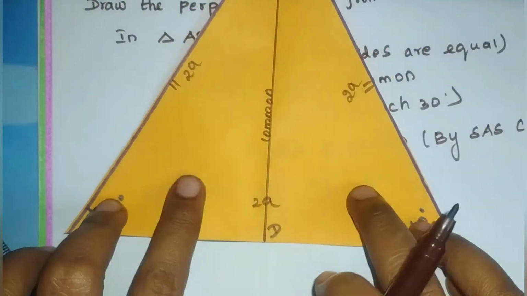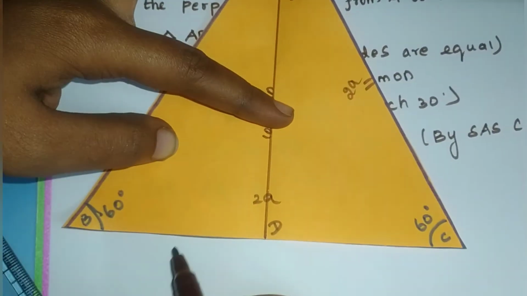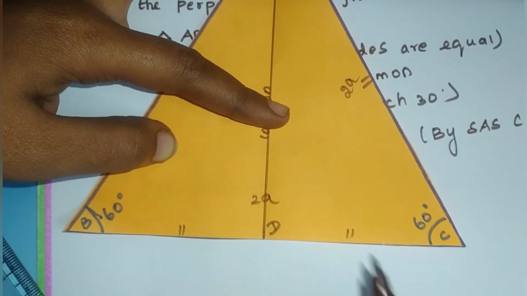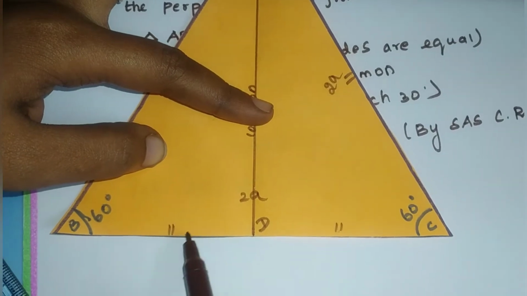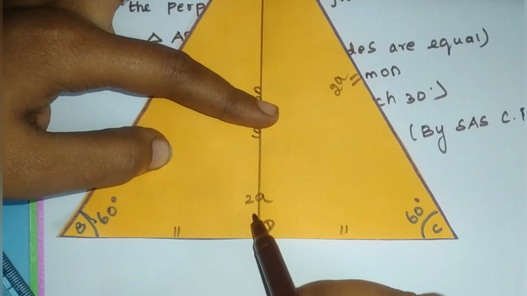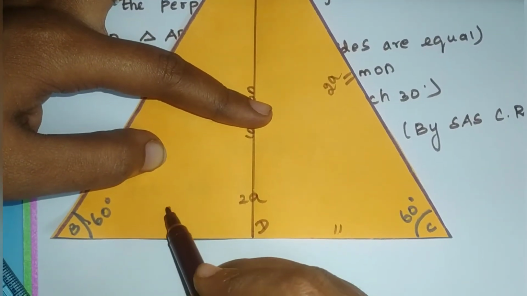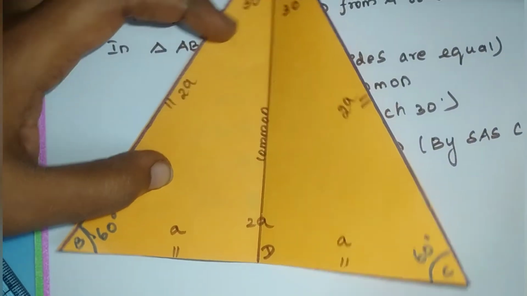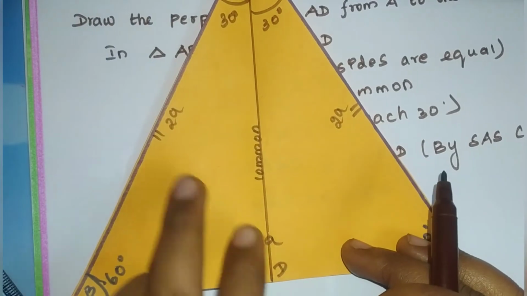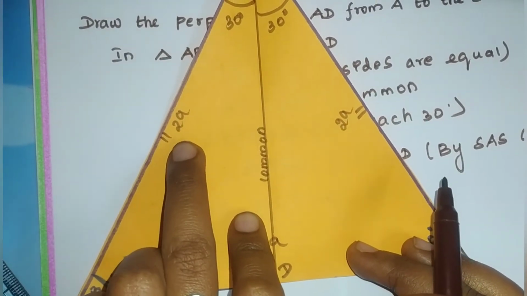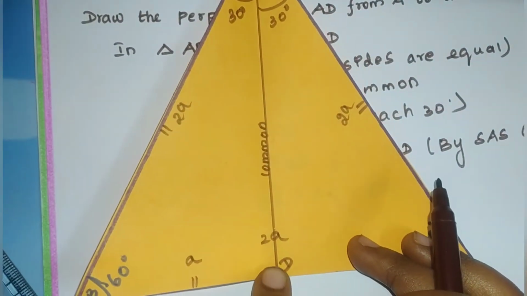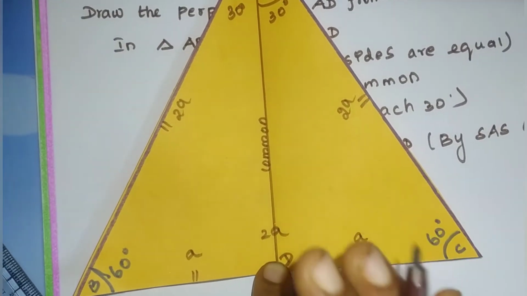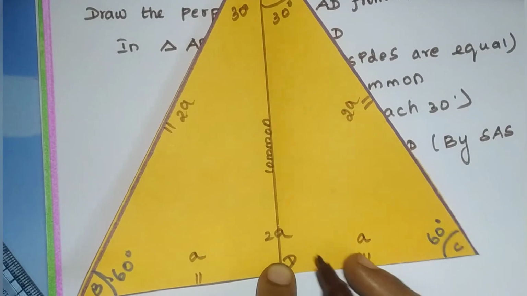Since it is an equilateral triangle, we can tell that BD is equal to DC. If this is 2a, then this will be a and this will be a. Clear? So I am going to take that 2a. Since it is an equilateral triangle, all the sides will be equal.